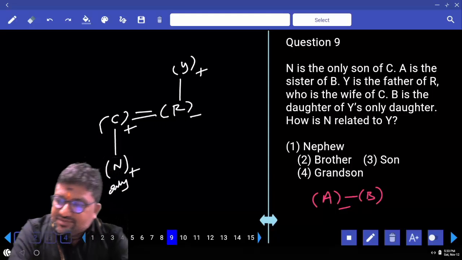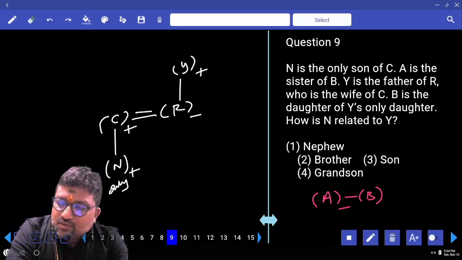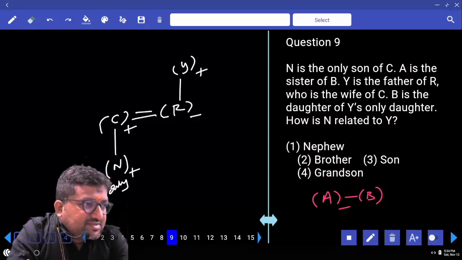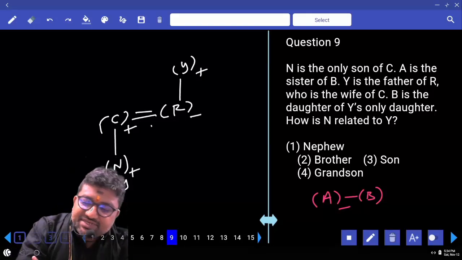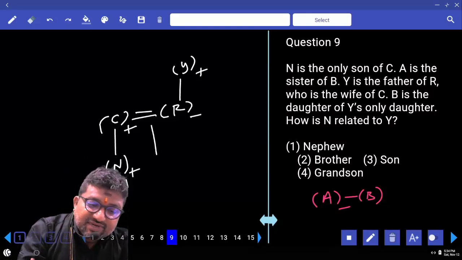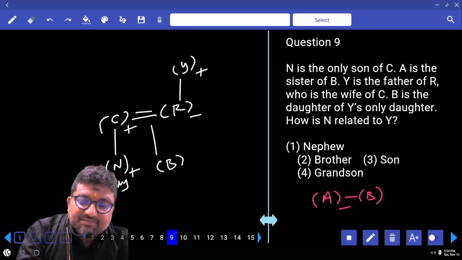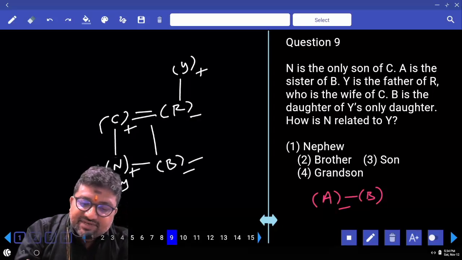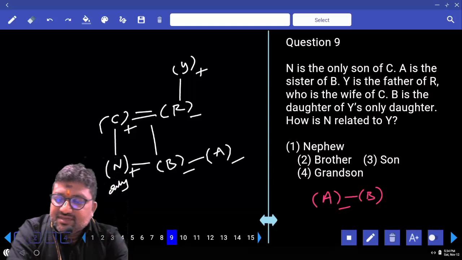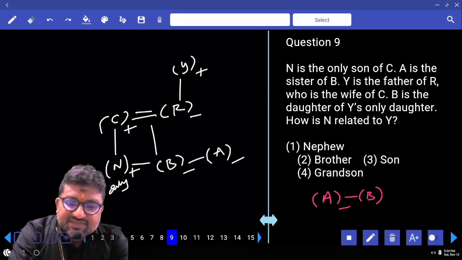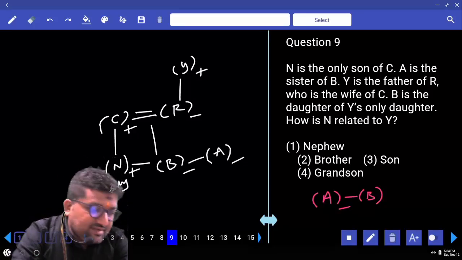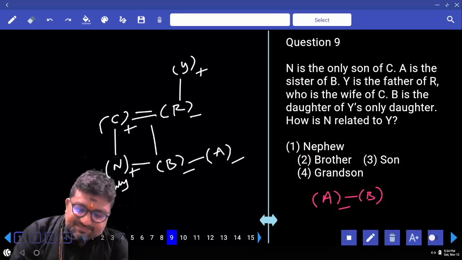Y. Next, B is the daughter of Y's only daughter. Y already has a daughter, who? R. So B is the daughter of R. We have already written, A is the sister of B. How is N related to Y? Grandson. Is this clear?